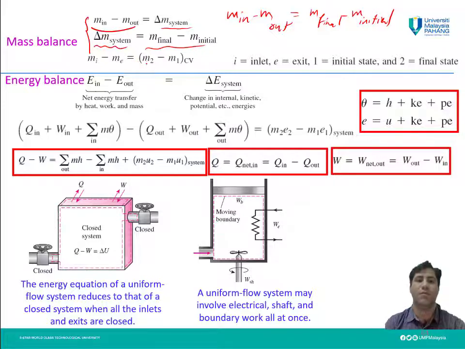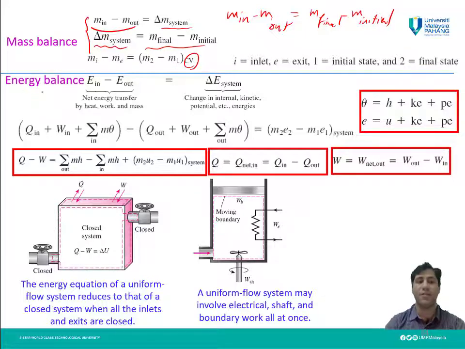Then we can write M2 as M final minus M1 as the initial mass of the control volume. So the mass balance which we can write for an unsteady flow process is like this: Mi minus Me equal to M2 minus M1 of the control volume.